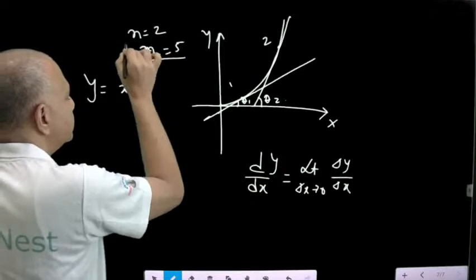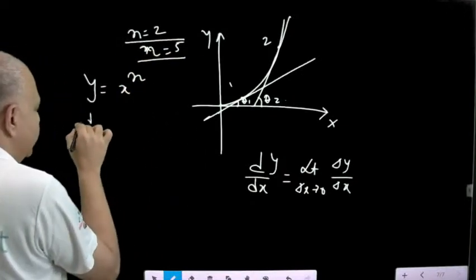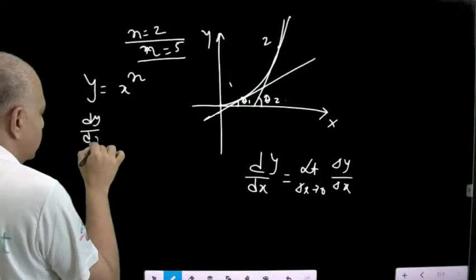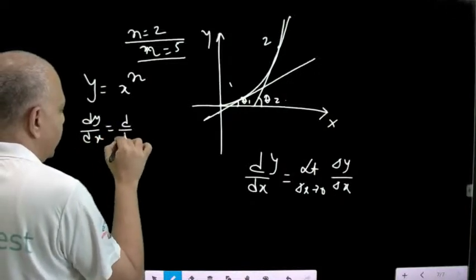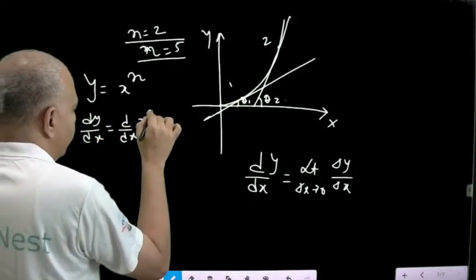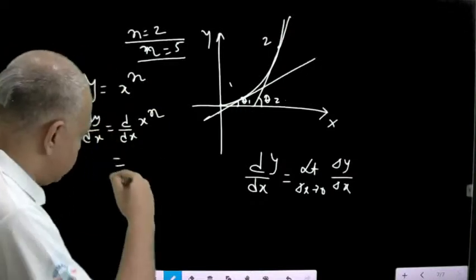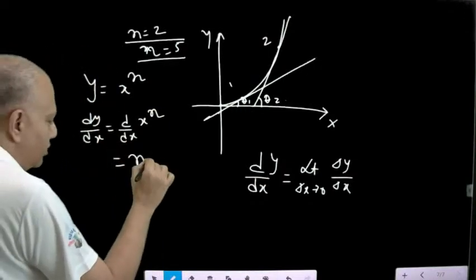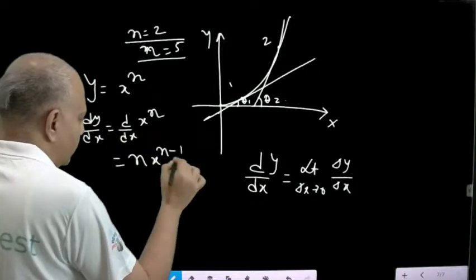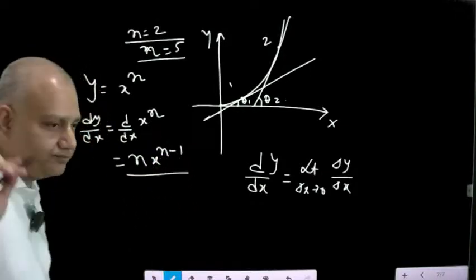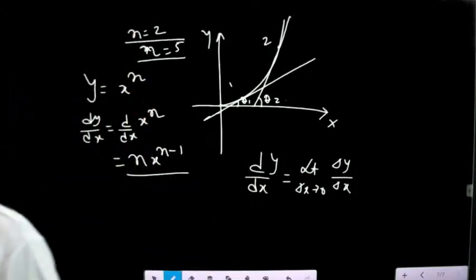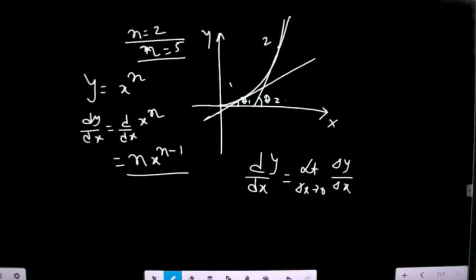Then dy/dx, the formula you have to remember; the derivation of the formula is not important for the physics. You have to remember n into x to the power n minus 1. Simply remember this thing. Children, you understand my point, isn't it?